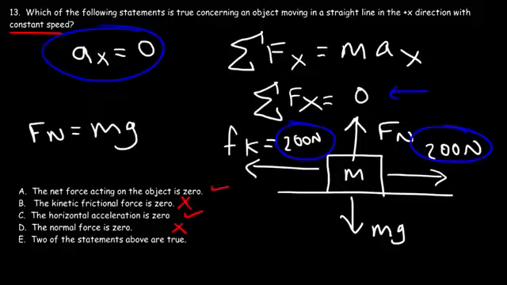A good example of this is, imagine if you're driving your car and you're going at 45 miles an hour. And you're not accelerating, you're not speeding up or slowing down, but you're maintaining that speed. Your foot is still on the pedal. You still have to apply gas to the car to keep it moving at 45 miles per hour. Let's say if you're going at 45 miles per hour, you still have to put gas to the car.